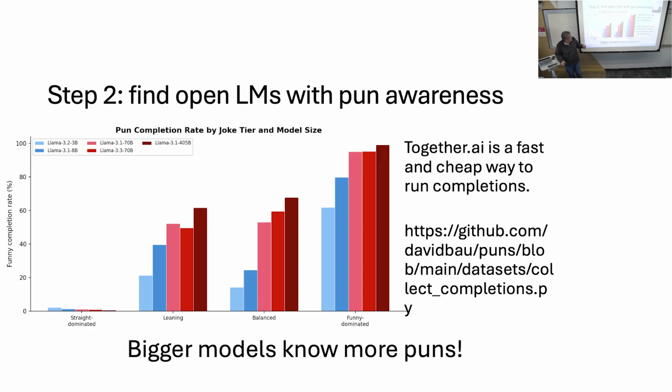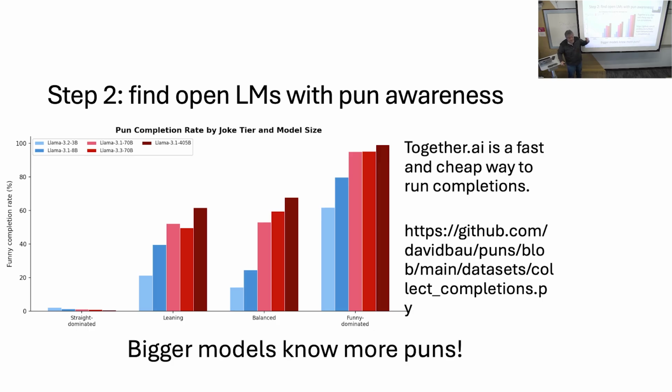And so I took my 205 jokes and used the fastest service I could find to throw them at all these LLMs. What I did is I took the humorous word out, so the baker was poor because he didn't make enough, and then leave it blank. And then you have to say dough, right?